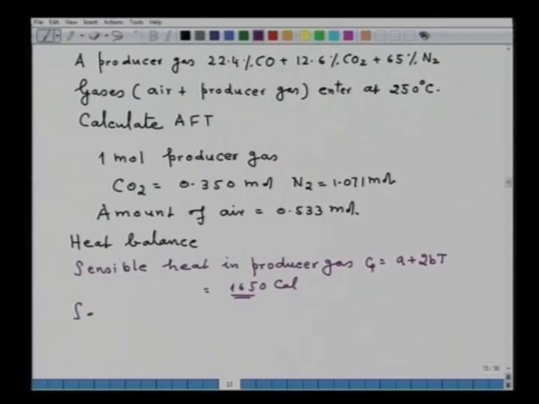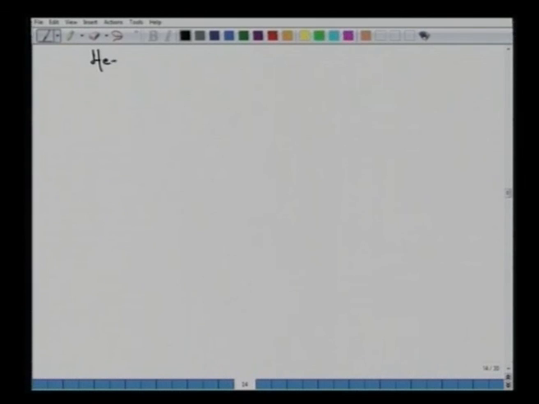Similarly, sensible heat in air, that will be equal to 840 calorie. Now, heat of combustion, in this case, that will be equal to 15142 calorie.